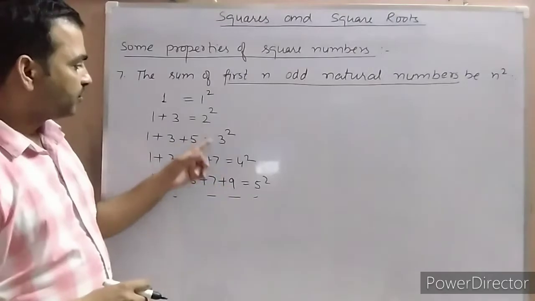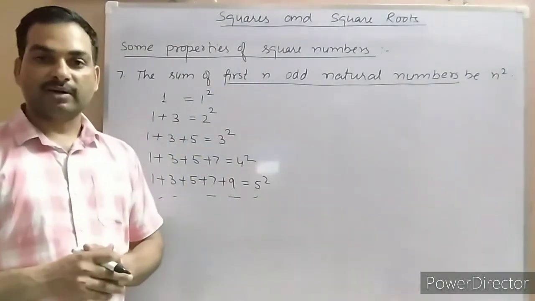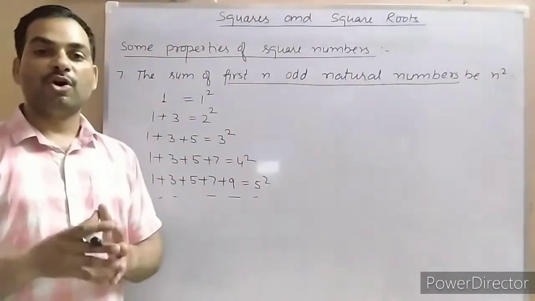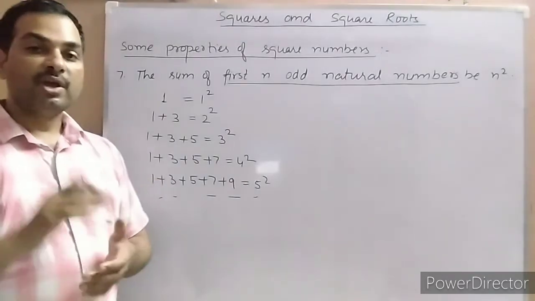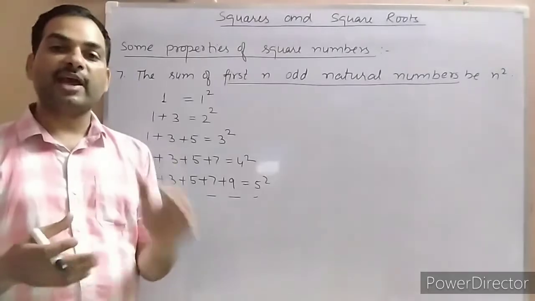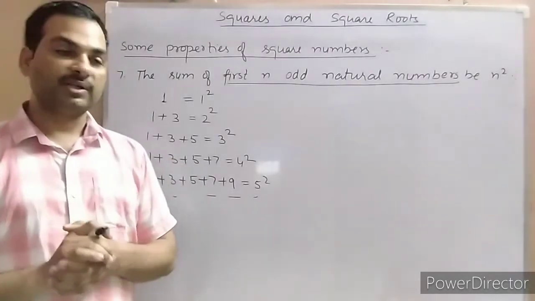The concept is that if we have any perfect square number, then it can be written as the sum of the first odd natural numbers. If a number is not a perfect square, then it cannot be written as the sum of the first odd natural numbers.